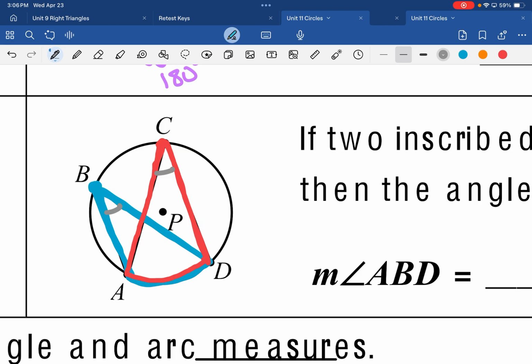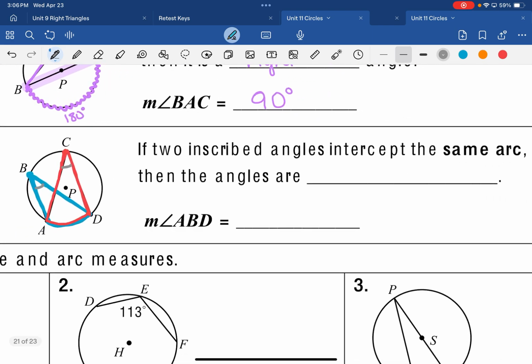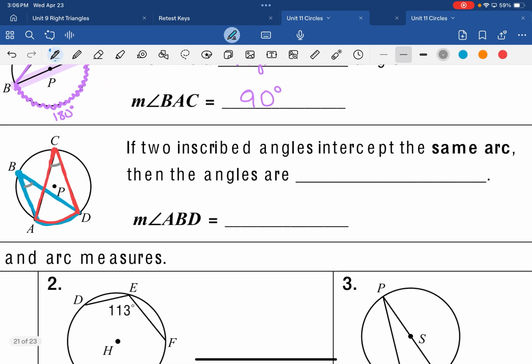But then if we look over here, if we look at angle A, this angle right here, and angle D, this angle right here, that shares the arc BC, the one across from that. So that means that angle A and D are also congruent because they share the same arc. So if two inscribed angles share the same arc, that's the key right there, then the angles are congruent.